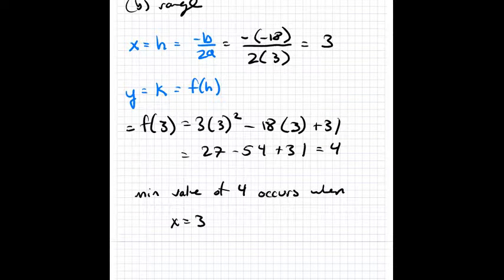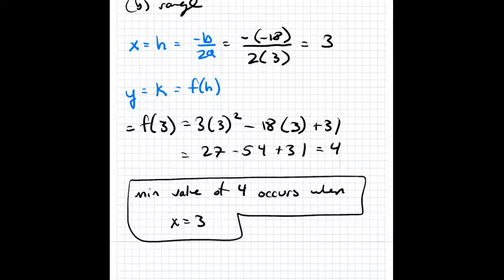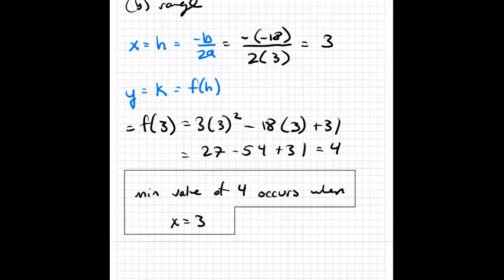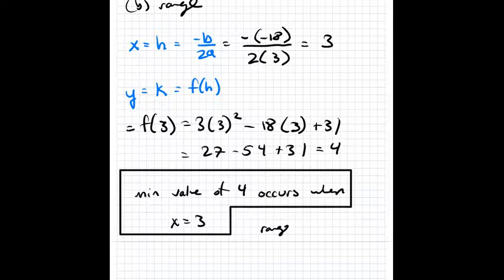So that's answering the question directly. Awesome sauce. It actually got that shape. Okay, and then the range: if the minimum is 4, the range is going to be from 4 to infinity. And it actually reaches the 4.